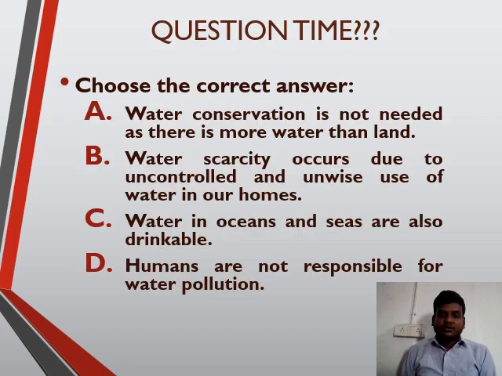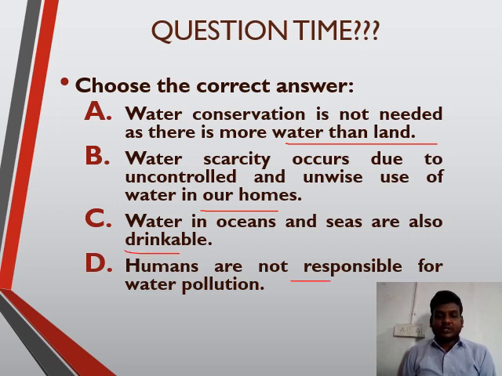Here, choose the correct answer. Water conservation is not needed as there is more water than land. Water scarcity occurs due to the uncontrolled and unwise use of water in our home. Water in ocean and sea is also drinkable.